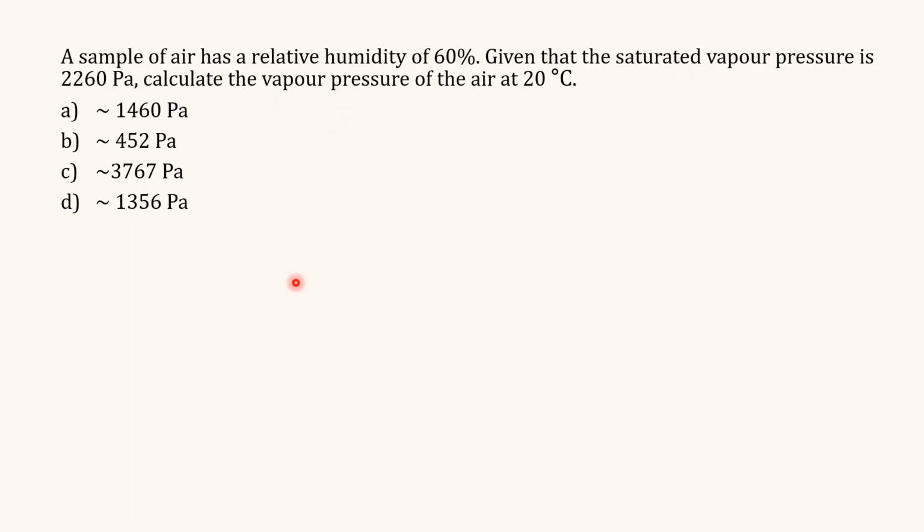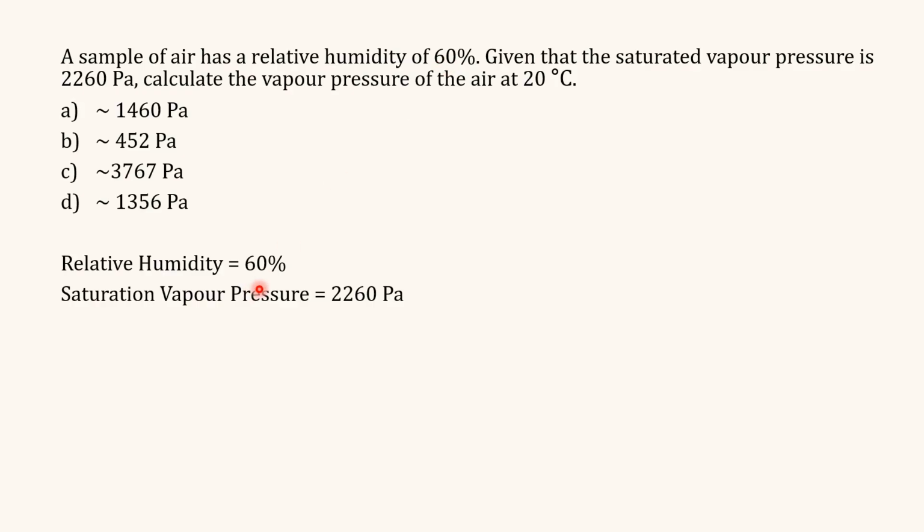Next question is: a sample of air has a relative humidity of 60%. Given that the saturated vapor pressure is 2260 Pascal, calculate the vapor pressure of the air at 20 degrees Celsius, and these are the options from which we have to choose the correct answer. Here we have the relative humidity and we have to calculate the vapor pressure of the air. The relative humidity is 60% and the saturation vapor pressure is 2260 Pascal. We have the formula: relative humidity equals vapor pressure divided by saturation vapor pressure into 100.